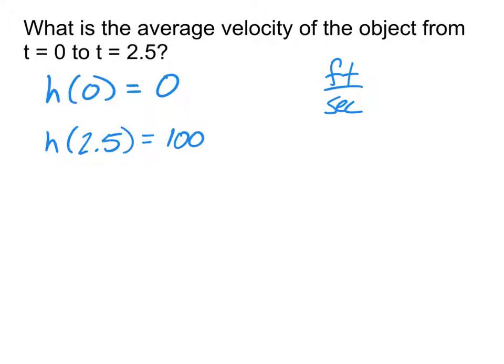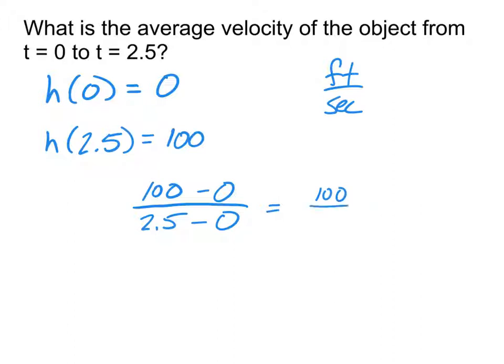If I want to know how many feet it traveled, I would do the 100 minus 0, and to know how long it took, I'd do the 2.5 minus the 0 for the time that I started out. Well, of course, this particular one gives us nice, pretty numbers, 100 over 2.5.